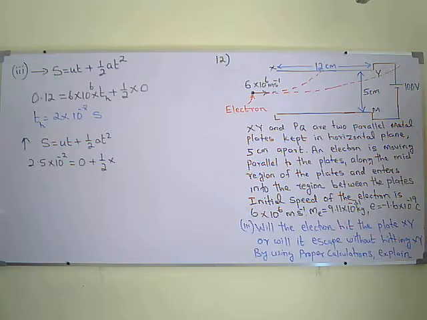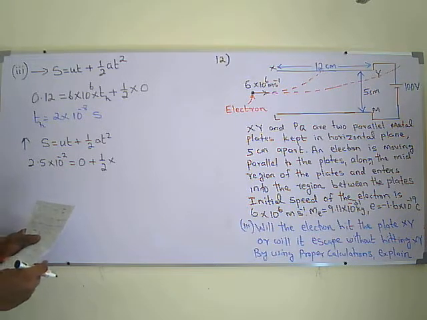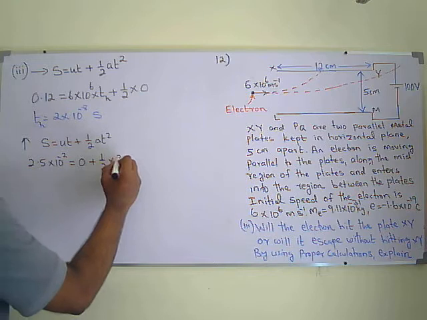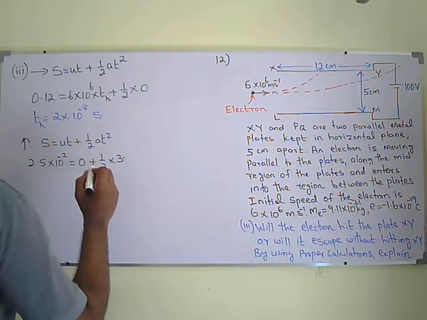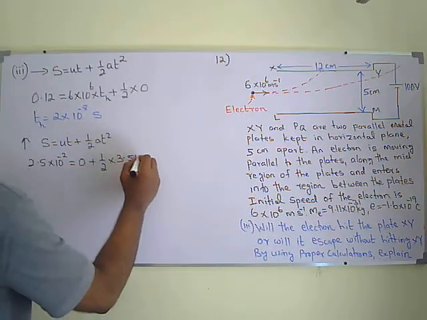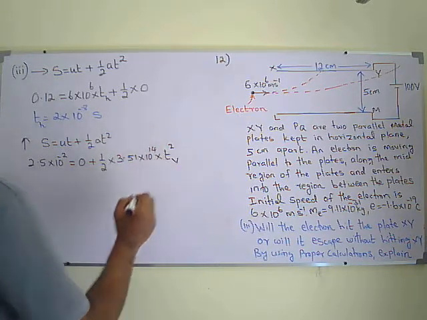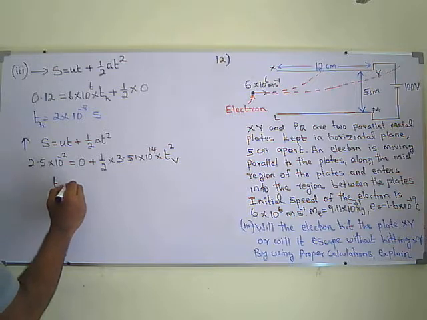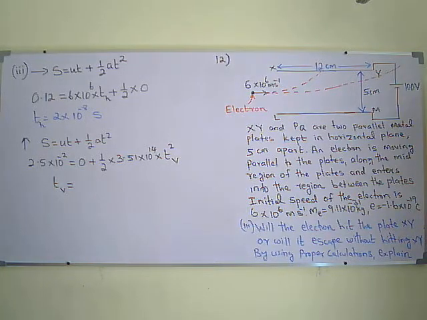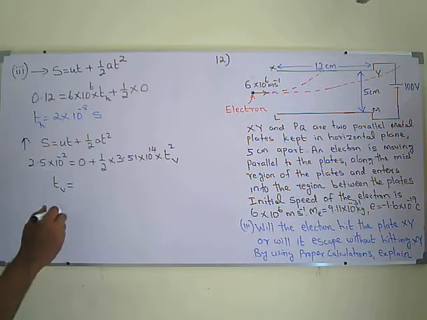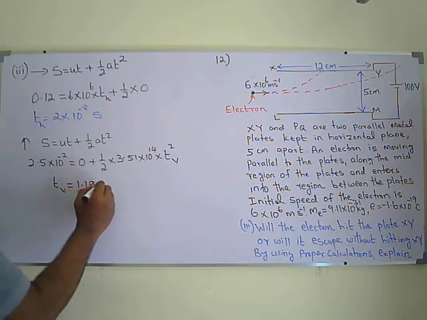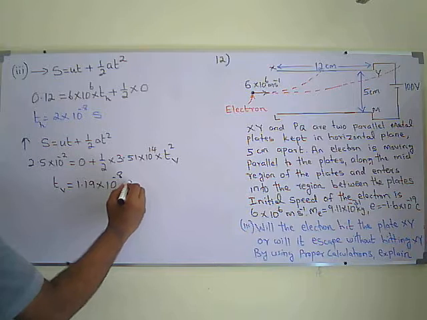We already found it in the previous part, and the acceleration is 3.51 into 10 to the power 14 into t squared. We solved it. The time for vertical displacement of 2.5 centimeters will be 1.19 into 10 to the power minus 8 seconds.